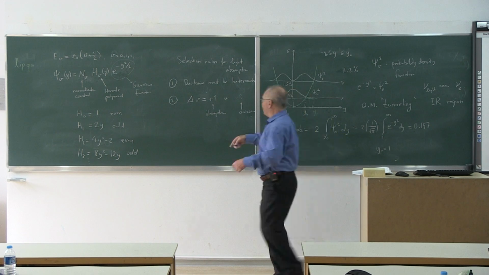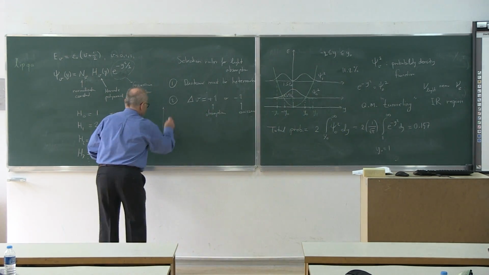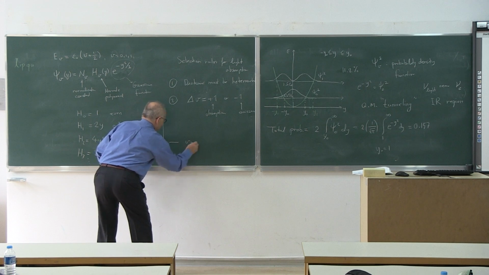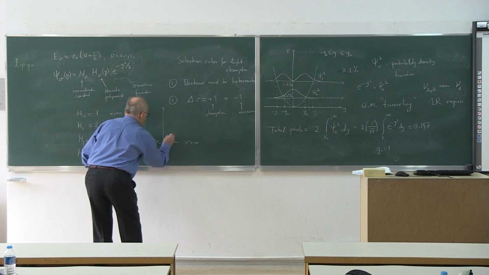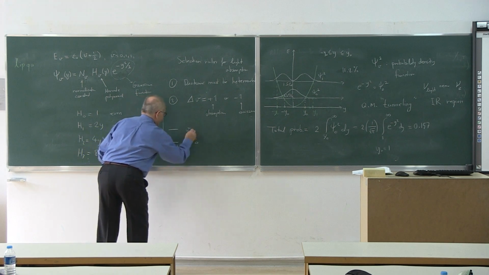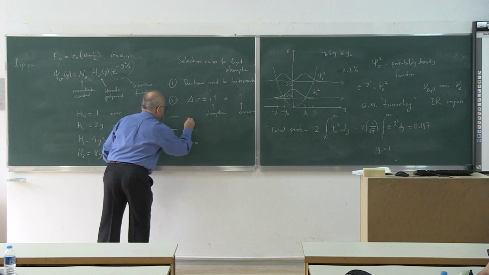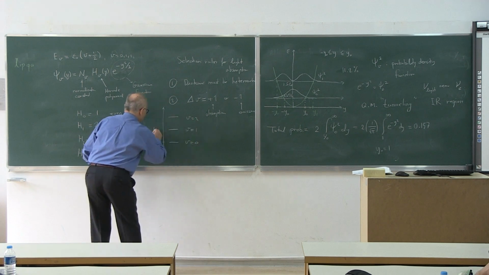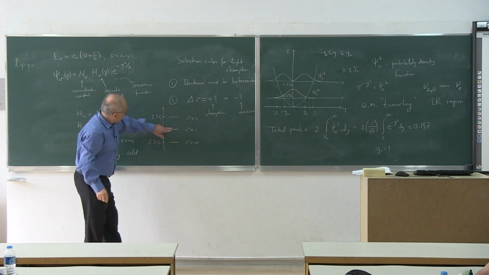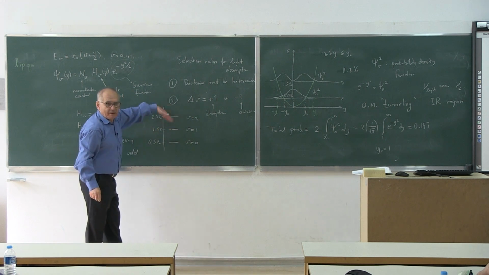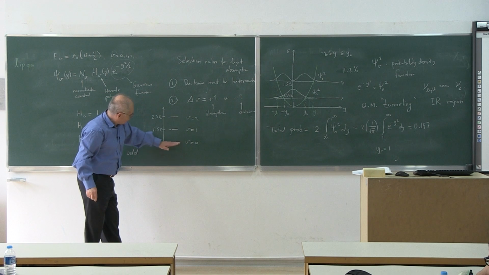All the molecules are in V equals 0 level. Initially, there are no molecules in the excited levels. All the molecules are in the lowest vibration energy level.